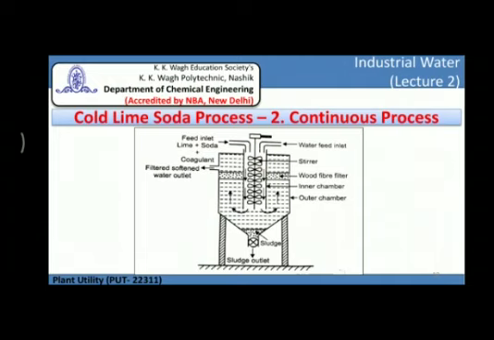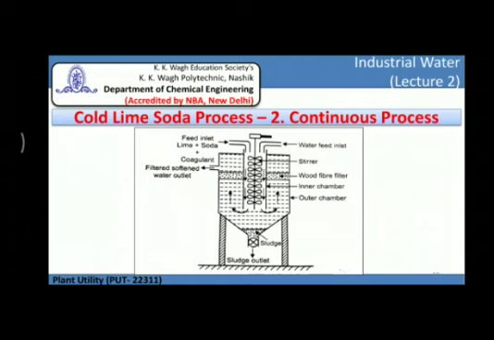After the reaction, the precipitated, undissolved impurities formed during the reaction, which we have seen already, all settle at this sludge pipe, and we remove them from this sludge outlet.